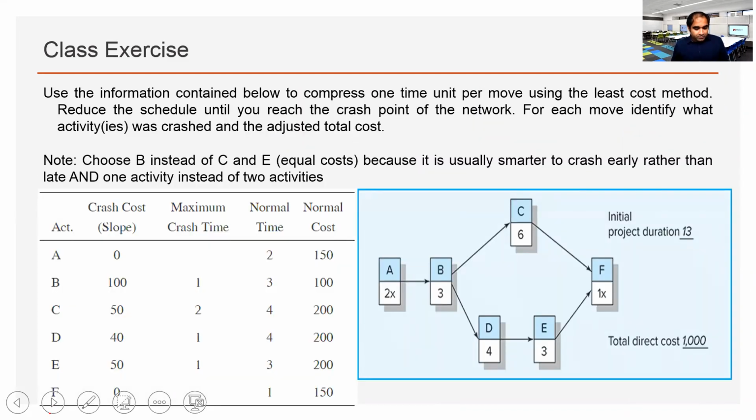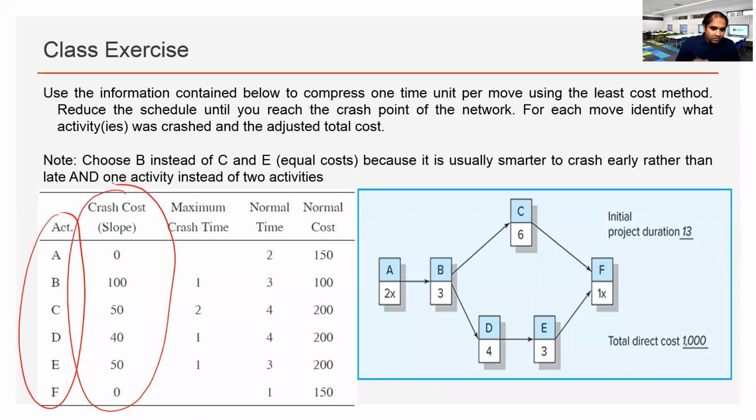So here, all right, exactly similar problem. Now we have the activities given. Okay, slope given, per unit cost in dollars. Maximum crash time given.